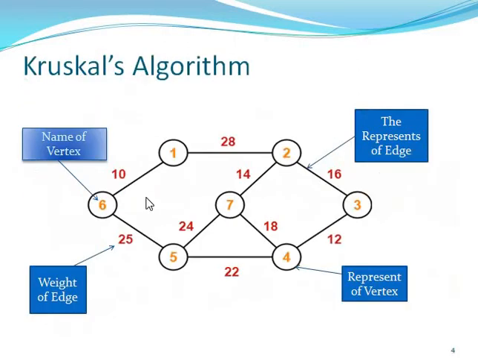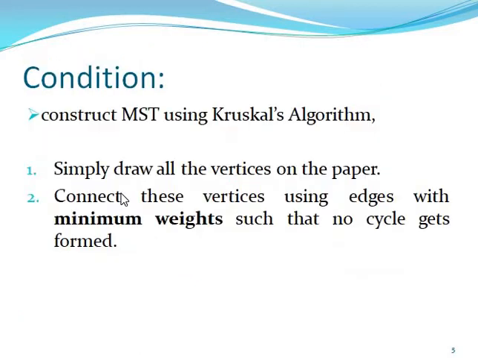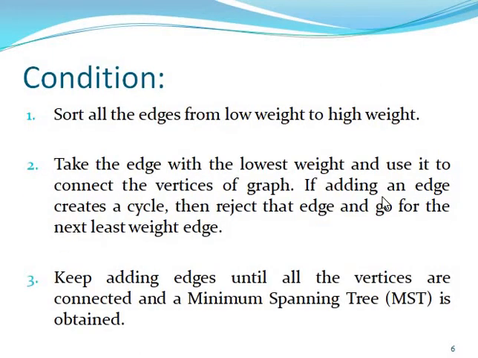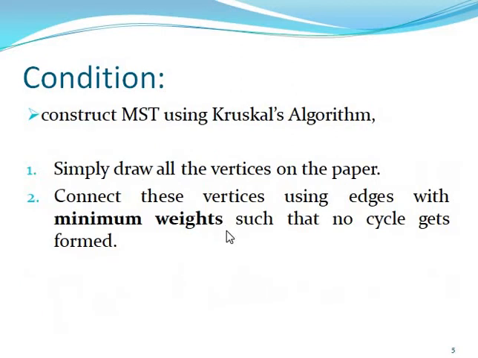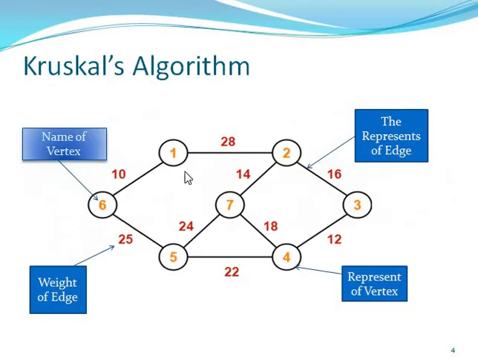We can also show what happens if you connect both vertices. If adding that edge creates a cycle, then reject that edge and go to the next weight. We can also show that if you connect these two vertices, the cycle is not created.